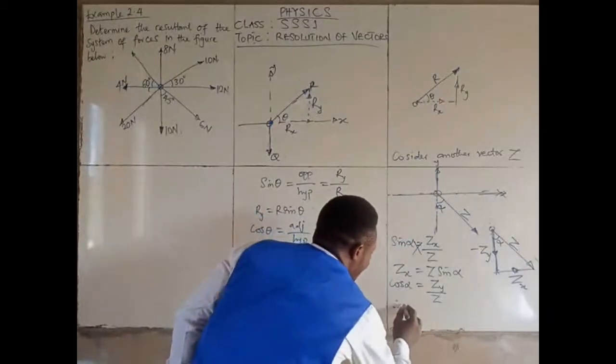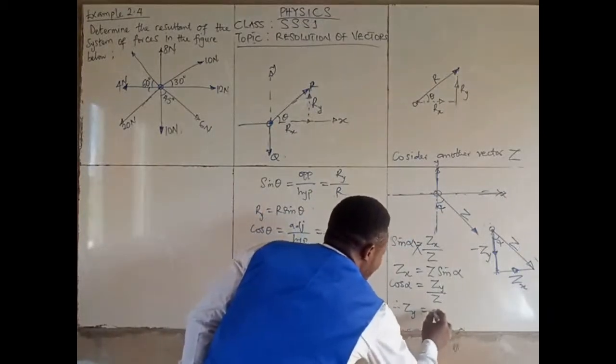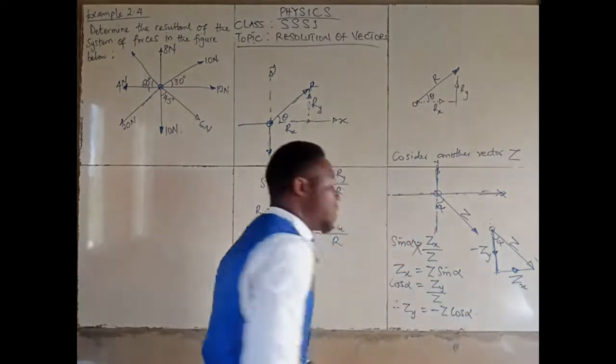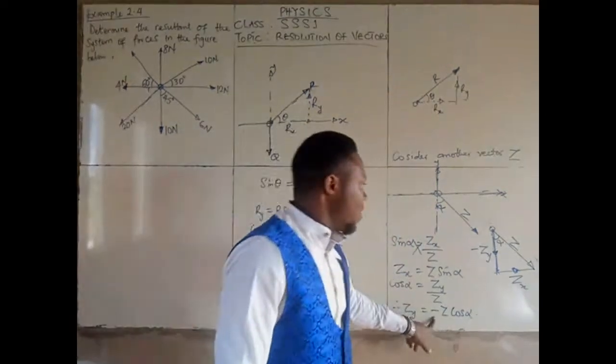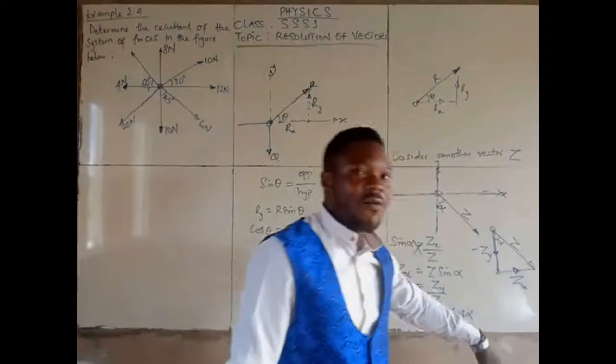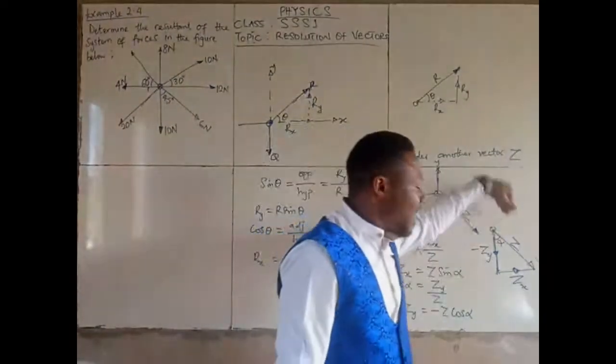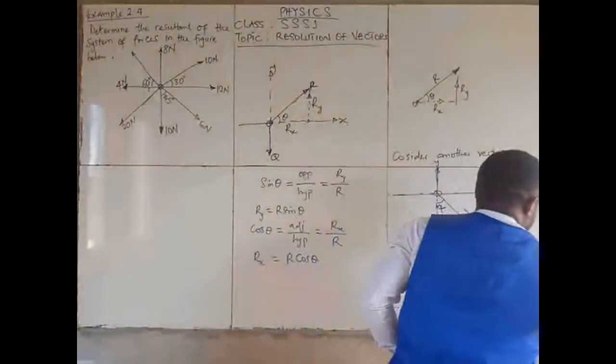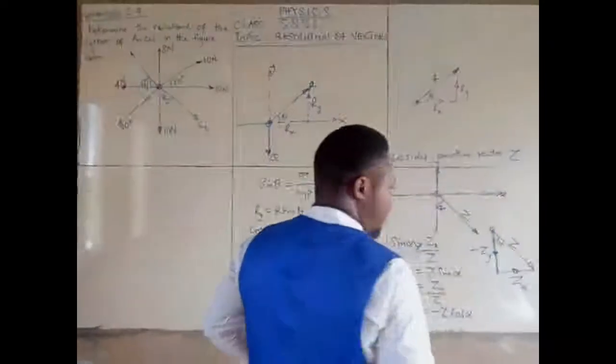Therefore, your Zy will become minus Z cos alpha. I hope you know the reason why we put a negative here: the opposite of a vector will be the negative of that vector.